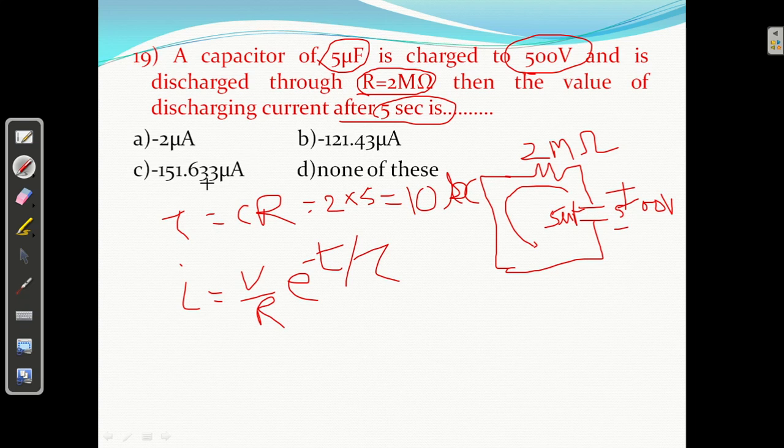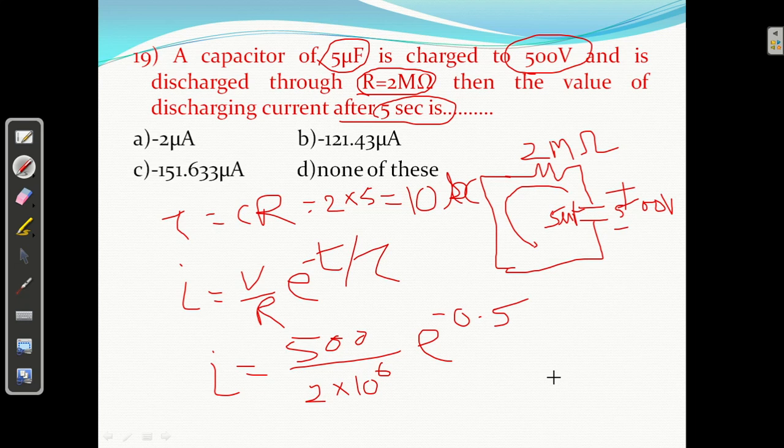So what is the value of current at 5 seconds? V is 500 volt, already charged, upon R which is 2 mega ohm, 2 into 10 raised to power 6, e raised to minus t by tau. t is 5 second and tau is 10 second, so 5 upon 10 is 0.5, e raised to minus 0.5.